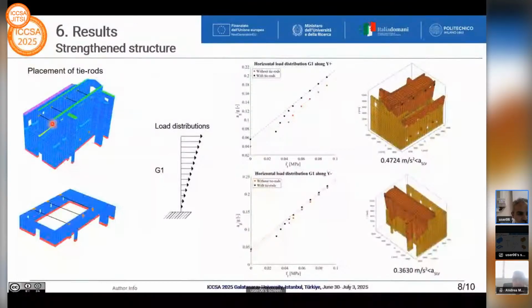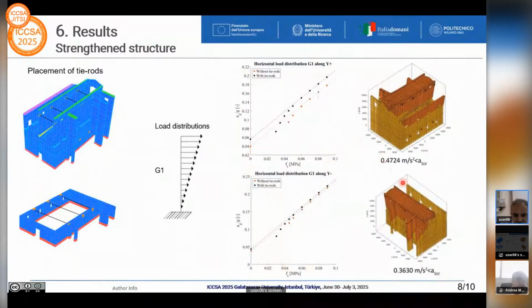If we place 4 tie rods near the roof, and we strengthen also the cloister vault at the ground floor with other 3 tie rods, let's see the response of the structure strengthened with this traditional system of strengthening, subjected to a G1 distribution of horizontal accelerations. So here you can find the results in terms of collapse load, with the extrapolation for the non-tension material, both for the direction y plus, this is the result, and y minus.